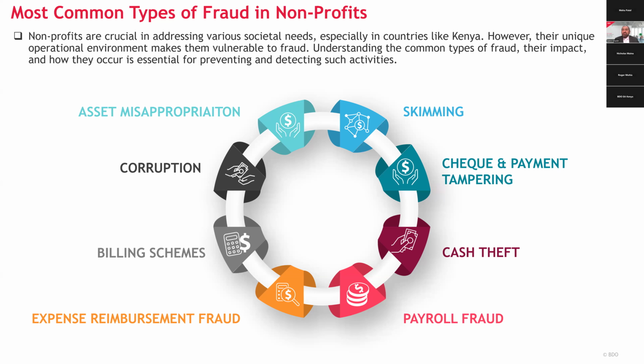To conceal their actions, the fraudster might manipulate records such as inventory records. They might create false documentation to hide their tracks, or they might even collude with external parties. An example: a volunteer at a health NGO could divert medical supplies meant for community clinics to private buyers.